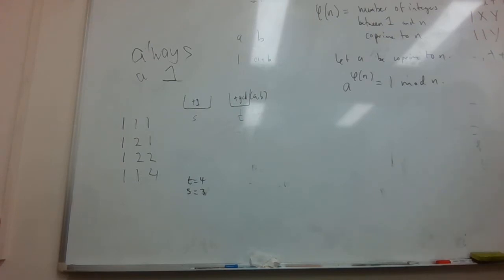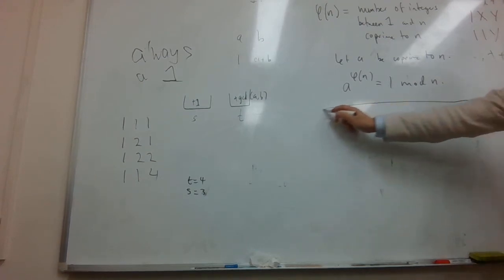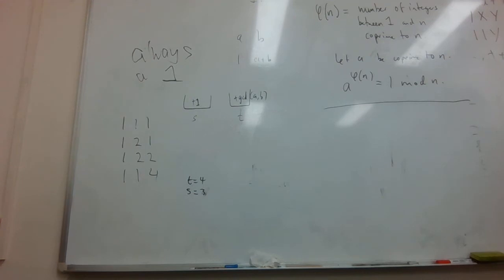Alright, so the reason why this is maybe more intermediate is that we can use some function ideas. Do you know what a function is? Do you know what a bijection is?